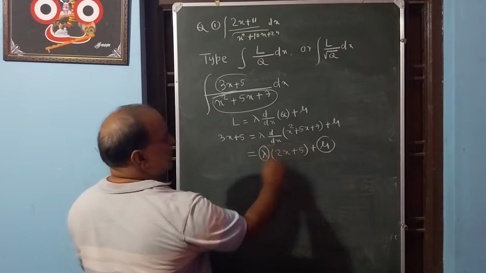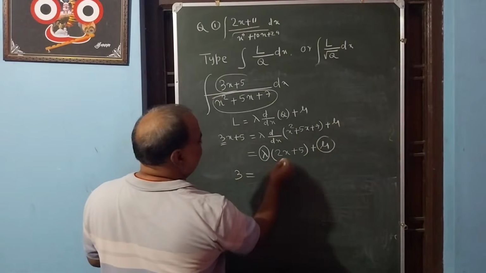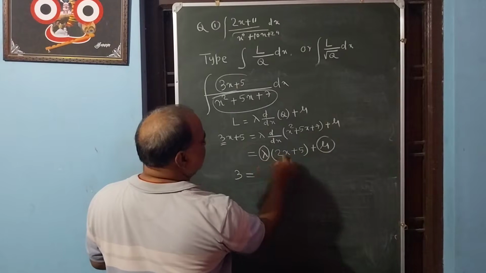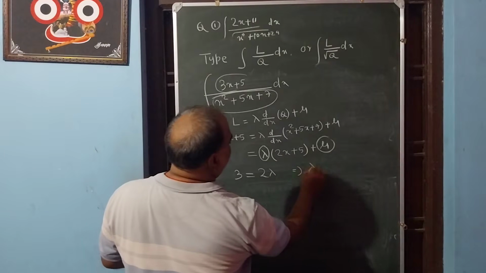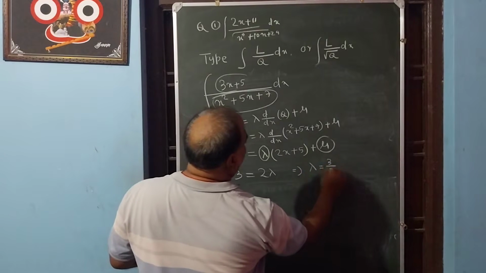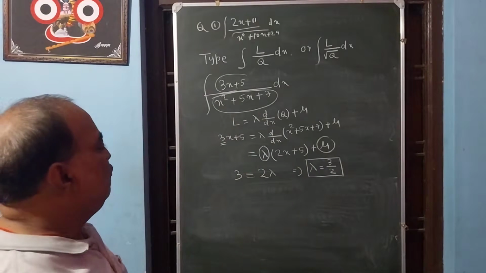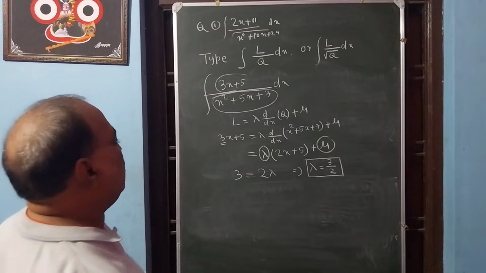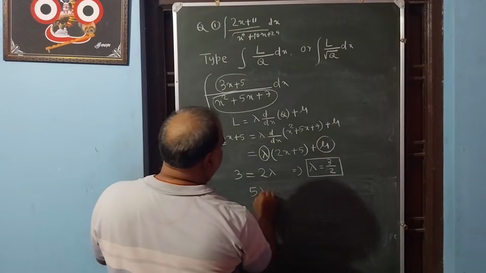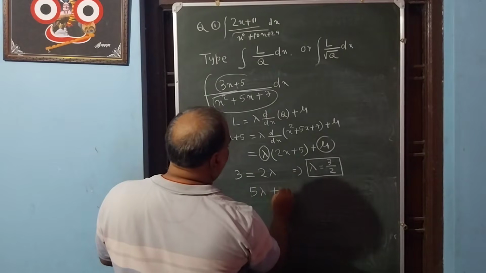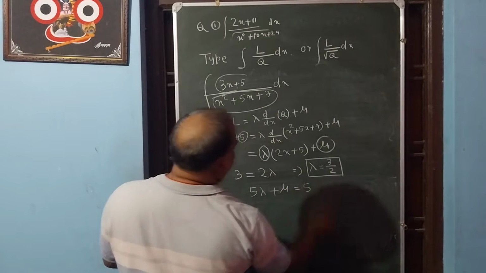Now comparing the coefficient of x, here it is 3, and the coefficient of x is 2 lambda. So that implies lambda is equal to 3 by 2. This is the value of lambda. Then comparing the constant term on both sides, it is 5 lambda plus mu is equal to 5.